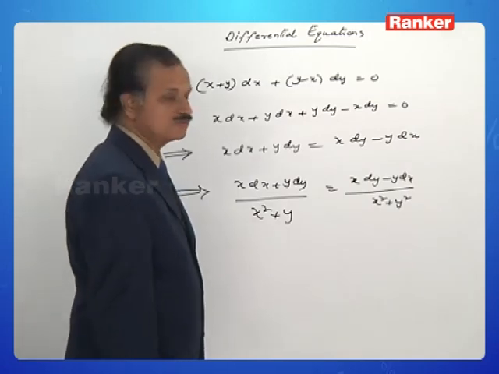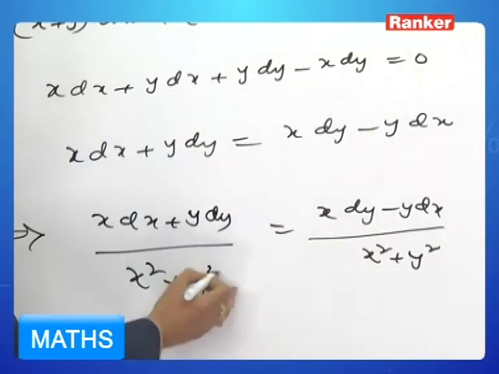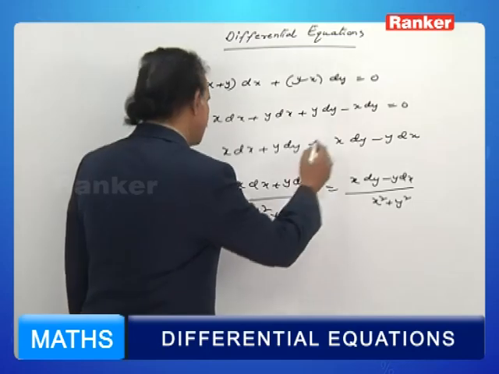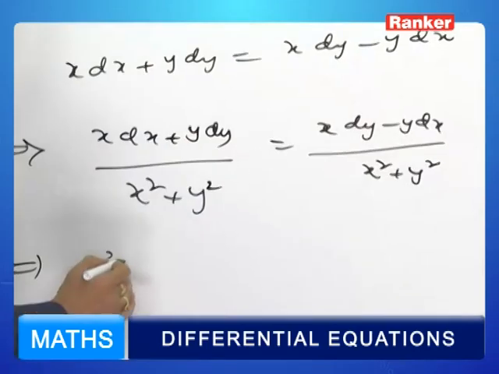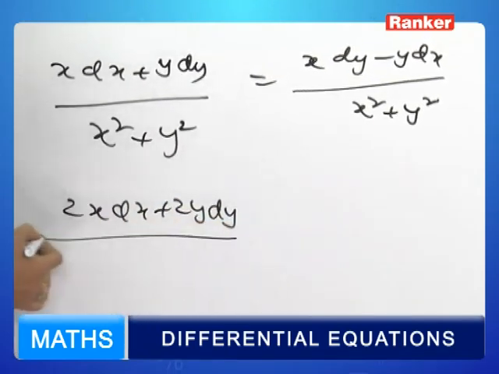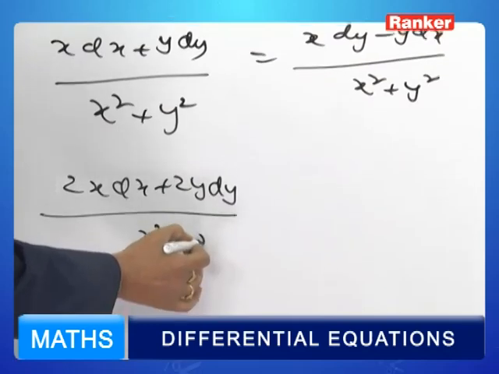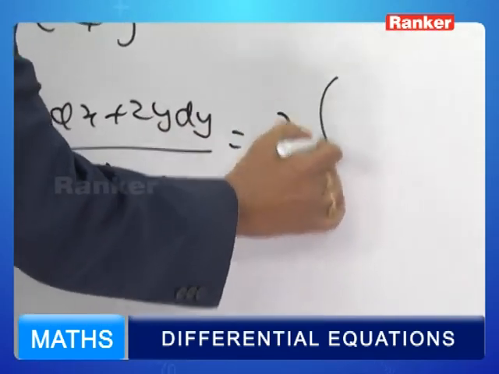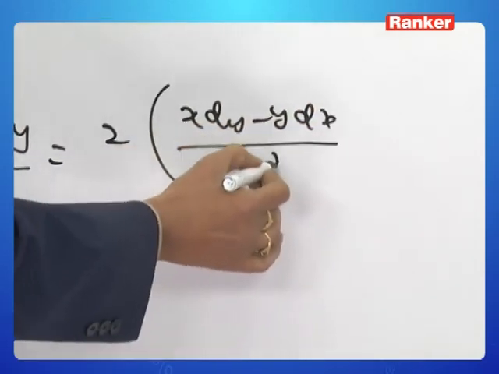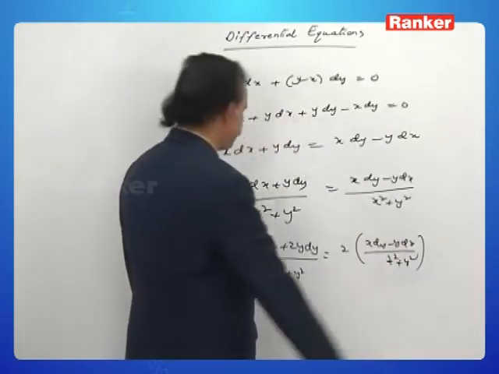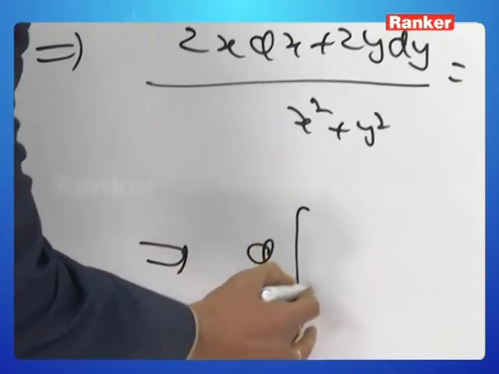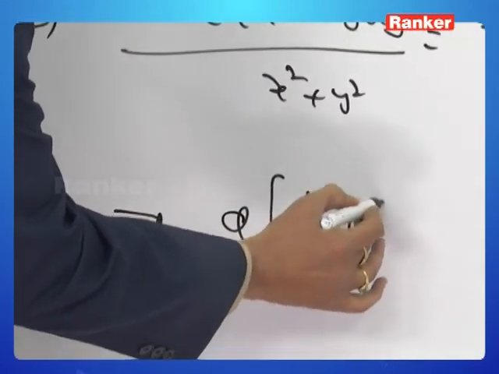Of course, you multiply with 2 also. 2x dx plus 2y dy by x square plus y square is equal to 2 into x dy minus y dx by x square plus y square. Come on friend, LHS is just nothing but d of log of x square plus y square.